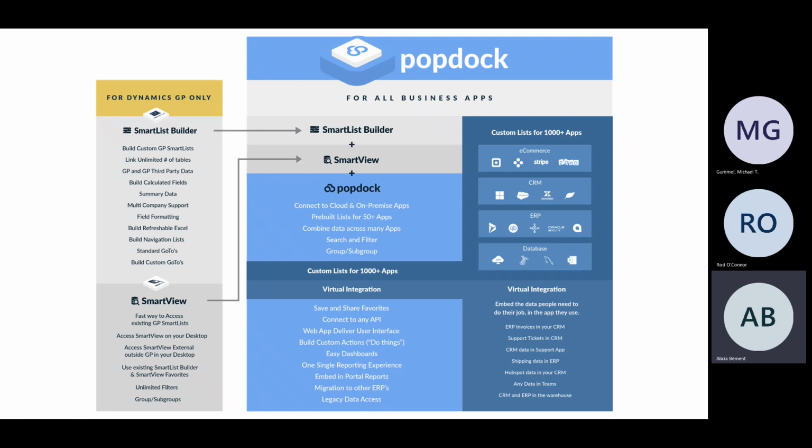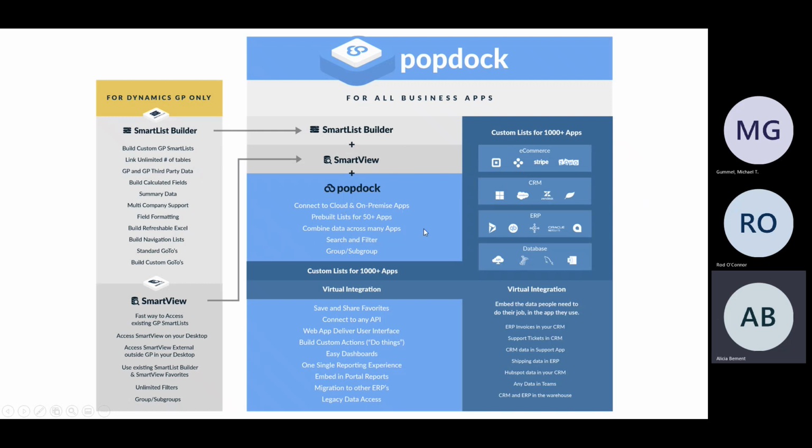Smart View is a replacement to Smart Lists inside GP, and it gives you a lot of flexibility around grouping, subgrouping, and totals to your screen. It works a ton faster. Then the developer took this, it's kind of like an evolution, and added a lot of the same functionality, plus a ton more, into Popdock.